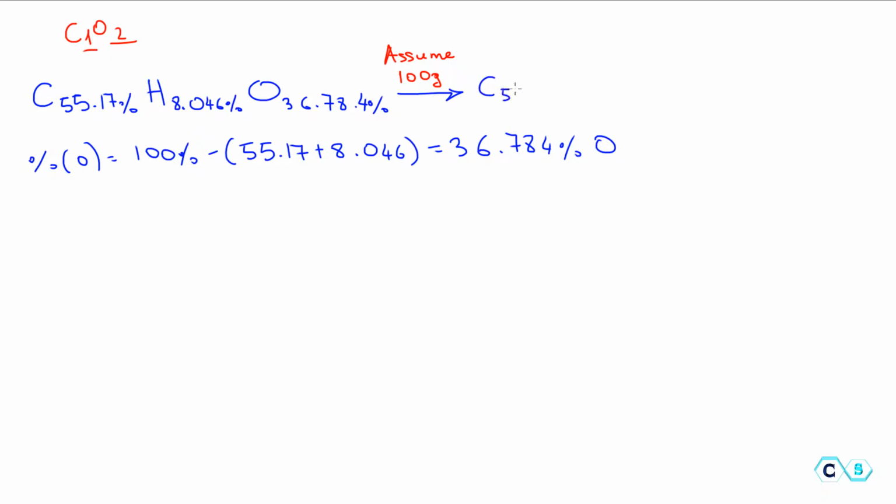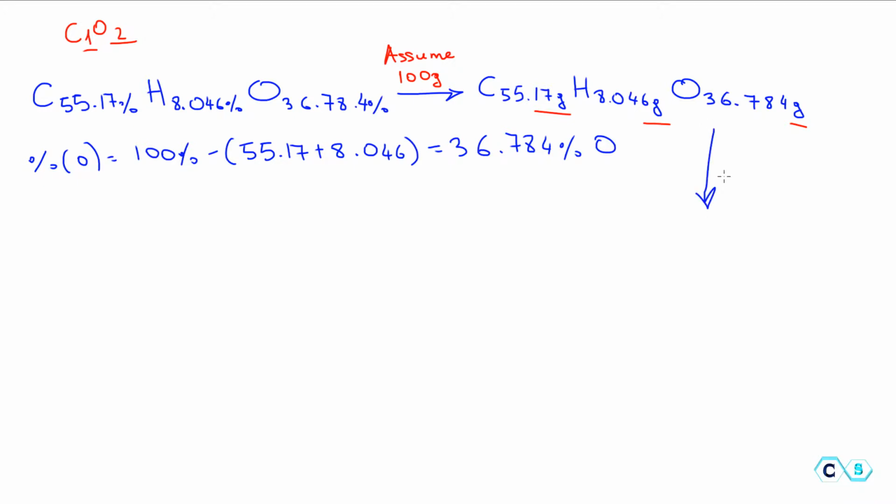So I have now C, 55.17 grams, H, 8.046 grams, and oxygen, 36.784 grams. So in one step, I went from percentages to the mass. Grams, grams, grams.